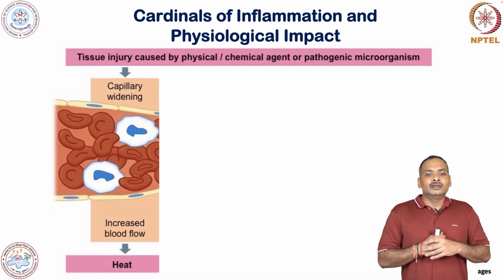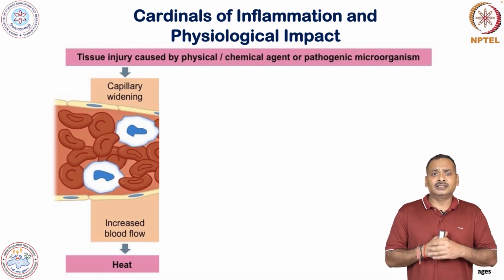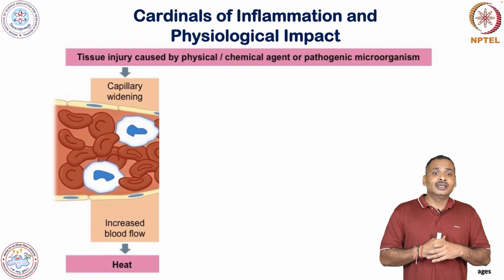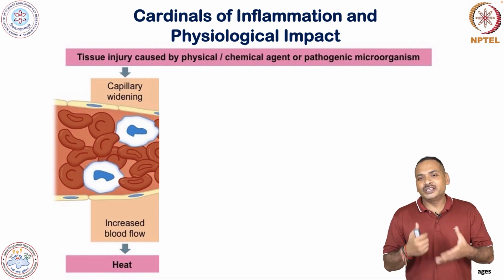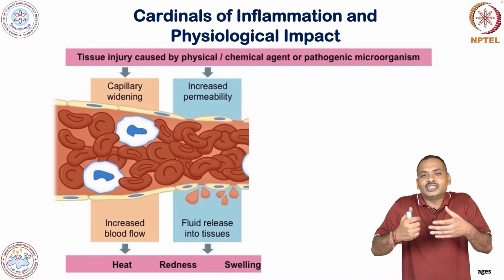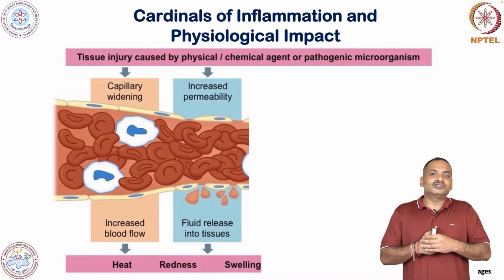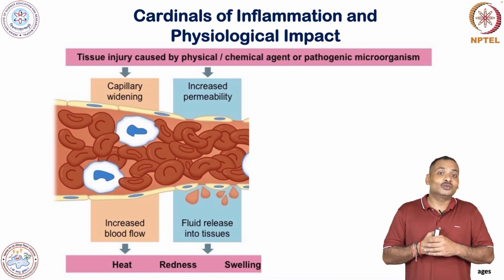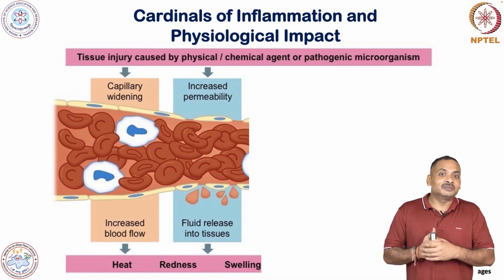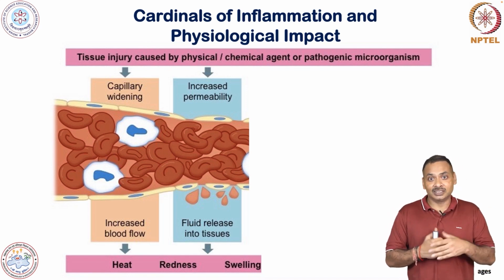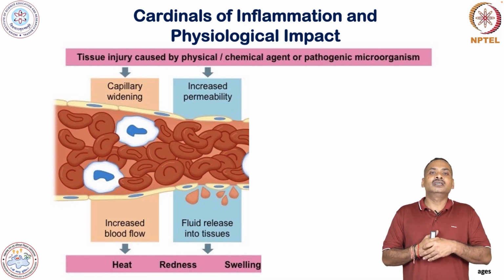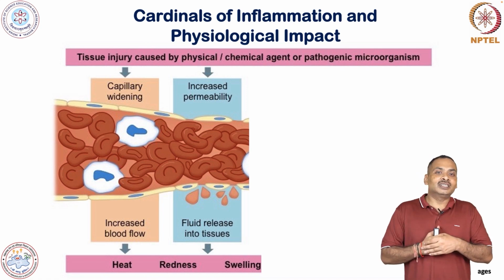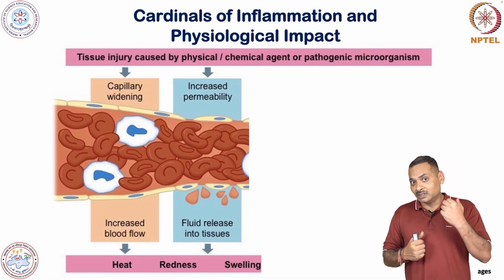Another is redness and swelling, and this is due to the increase in permeability of blood vessels. When there is an increase in permeability of blood vessels, what will happen? The blood cells may come out of these blood vessels, because of the increased permeability, and that will cause two things.